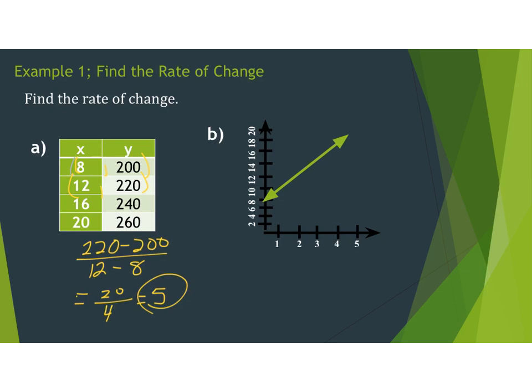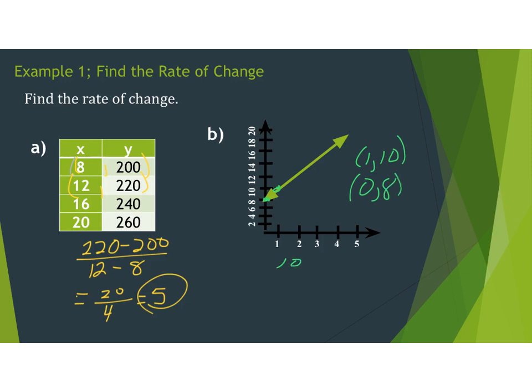And the second problem here, we have a graph, and we do a similar thing. We pick 2 points, so it looks like we're at about right here, about 110. And then if we pick another point on the graph, looks like we could actually pick this point right here, which would be the point 0, 8, and then we do the same thing as we did before.